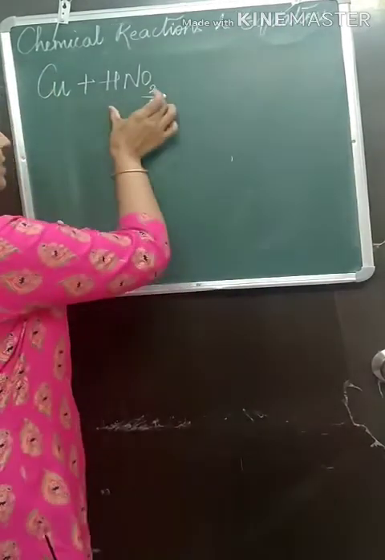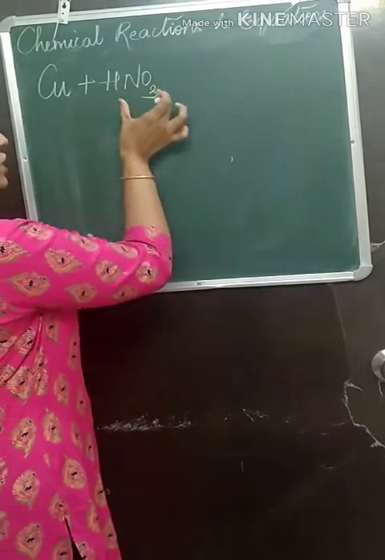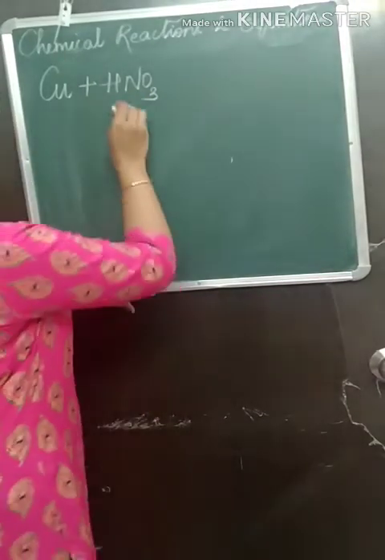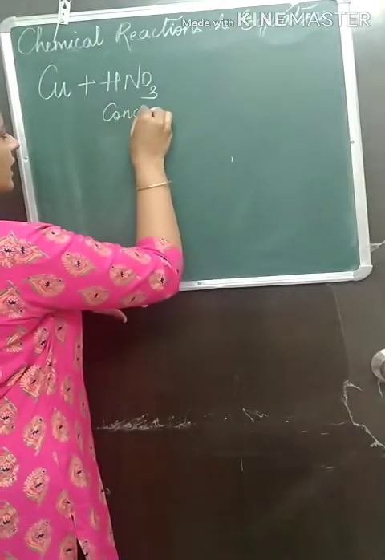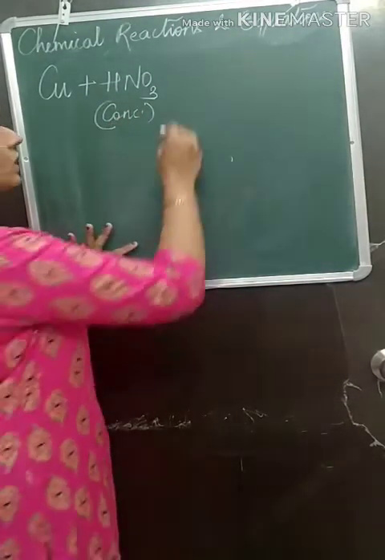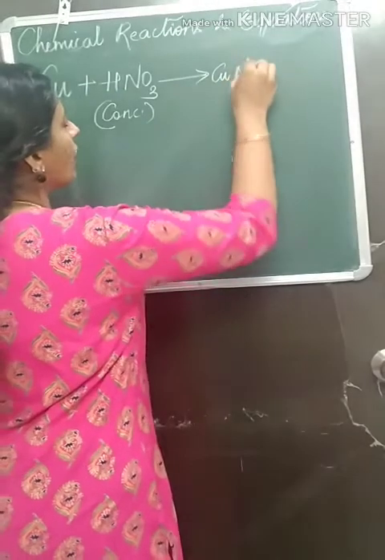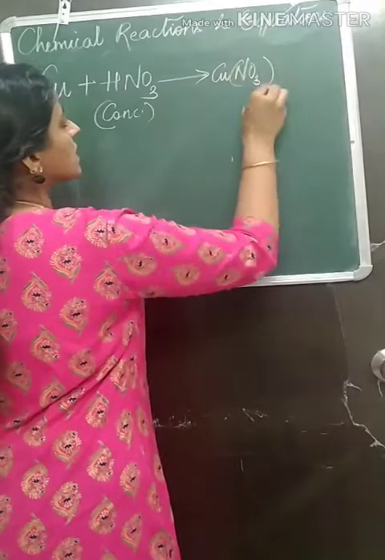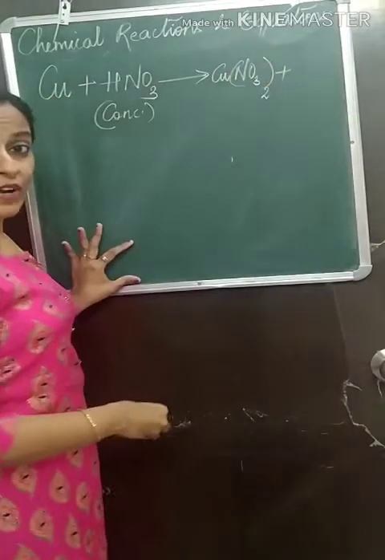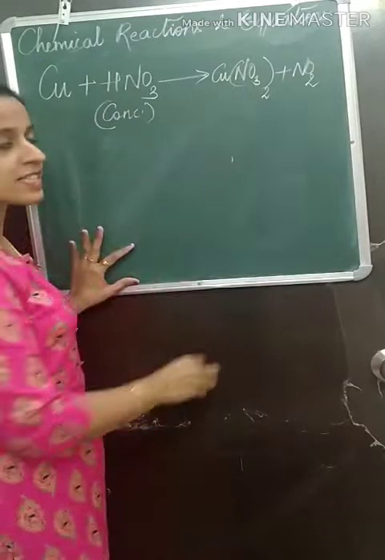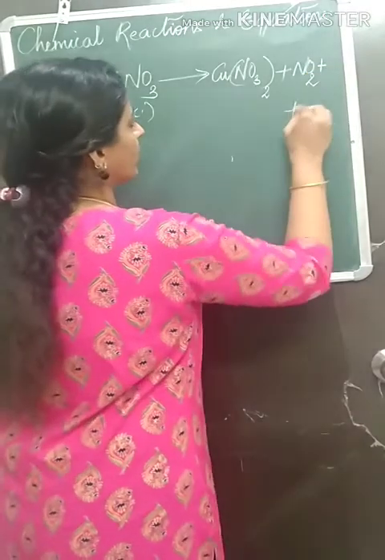So the characteristic of the reactant should be specified. Suppose we are using concentrated nitric acid, then what are the products that we get? We get copper nitrate, Cu(NO3)2, plus poisonous reddish colored nitrogen dioxide gas and water molecules.